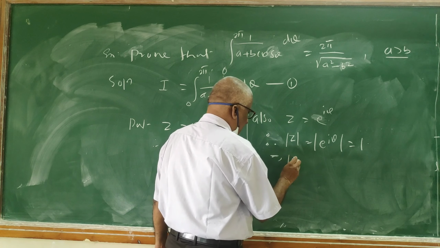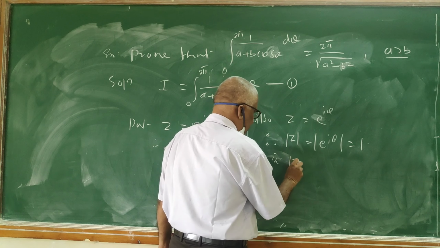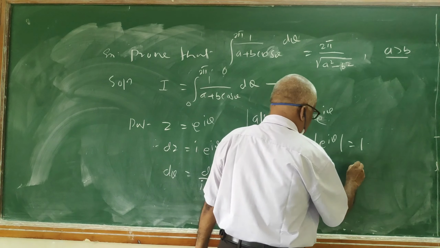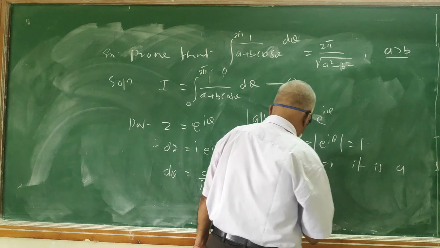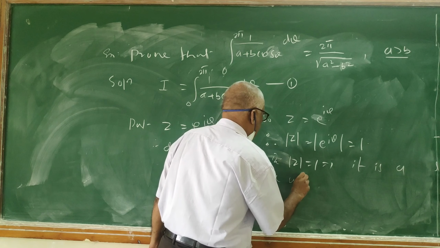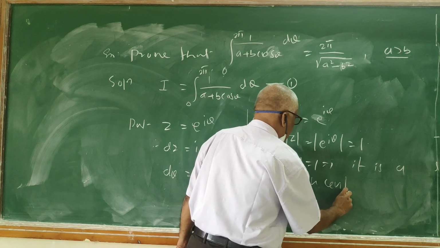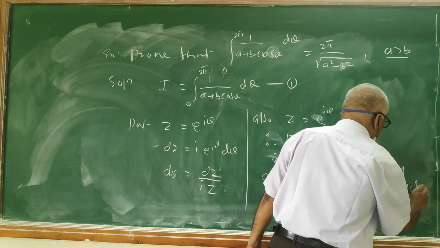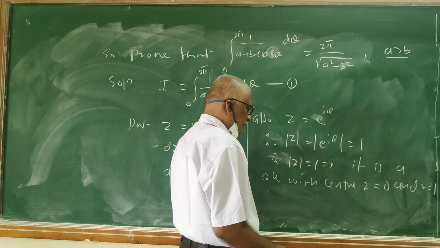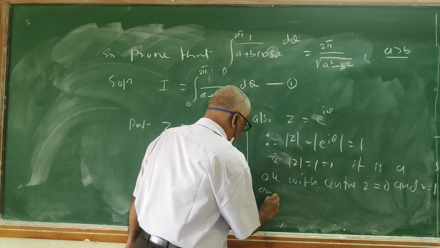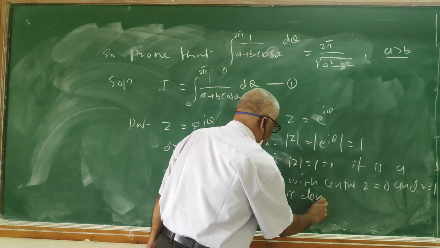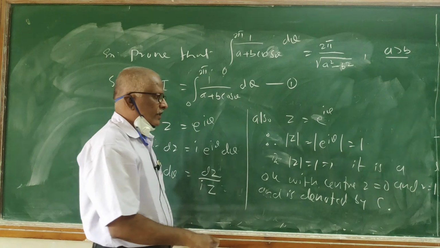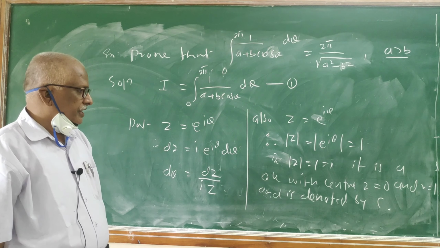This implies it is a circle with center z equal to 0 and radius r equal to 1, and it is denoted by C.